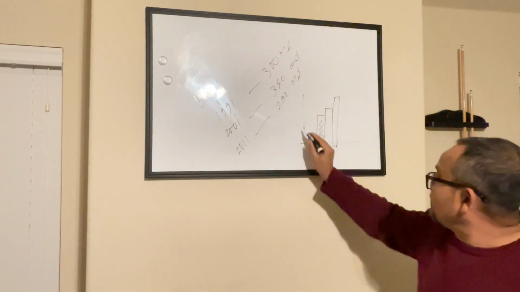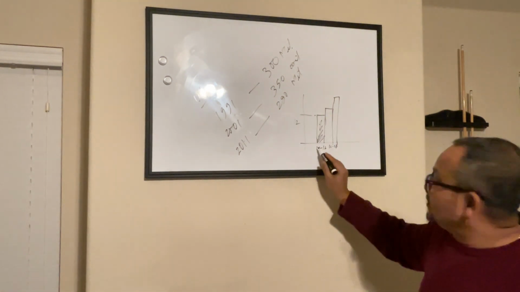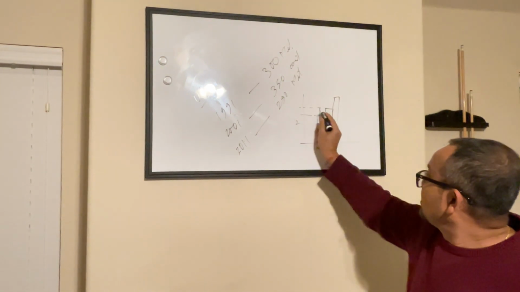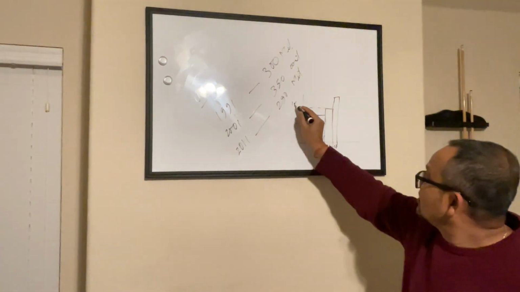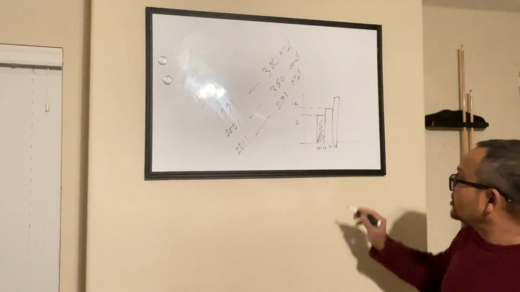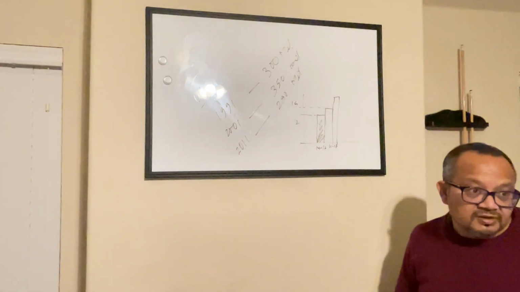Let's say you have 12 kids between 14 to 16 years of age, 15 kids between 16 to 17 years, and then 30 kids who are above 17.